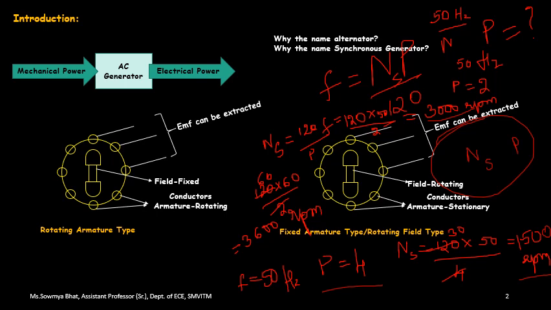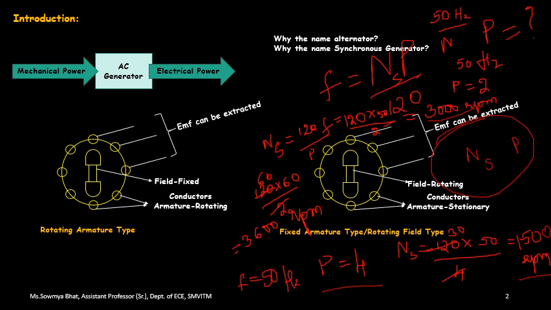That will be mentioned only for a particular value of the speed, so it will hold good for a frequency design depending upon that particular value. So this is why it is called a synchronous generator. By this time you must be clear with the concept of why the alternator is called a synchronous generator.